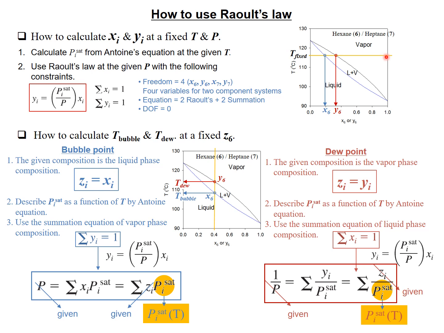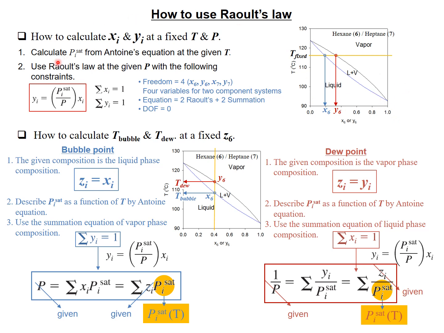So if you have the phase diagram, then you could easily find the value of the liquid phase composition and vapor phase composition. But here I will use Raoult's law, not the phase diagram.